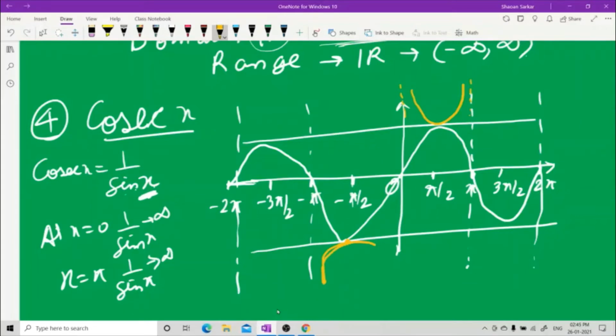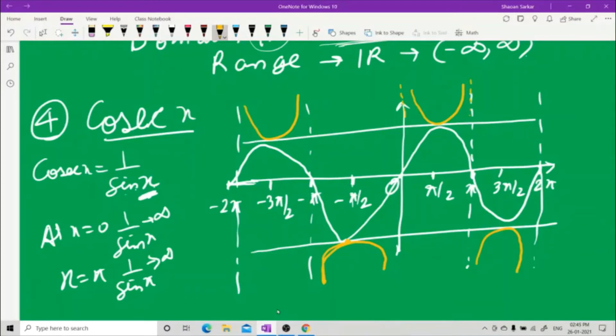Similarly, at plus 3 pi by 2, it will be in this manner, and at minus 3 pi by 2, it will be plus 1, so it will turn like this. These yellow curves are the graph of cosec x.